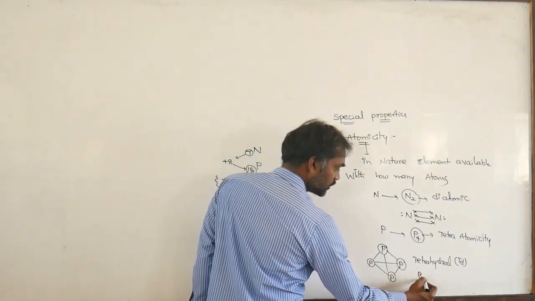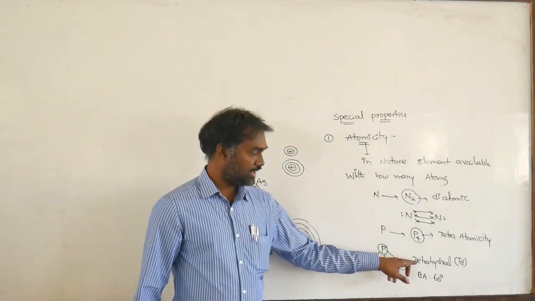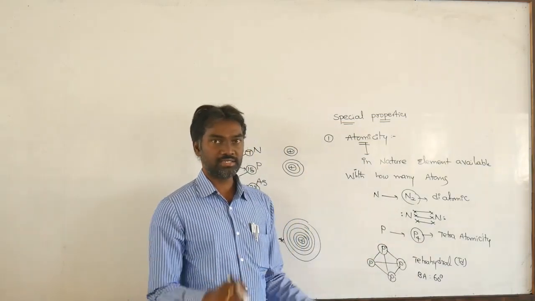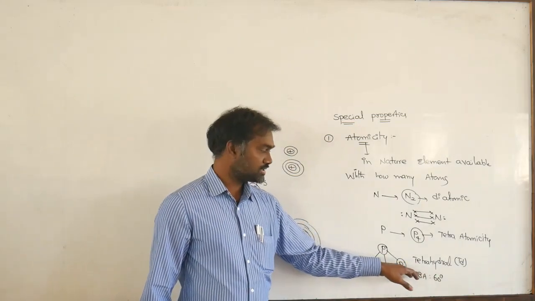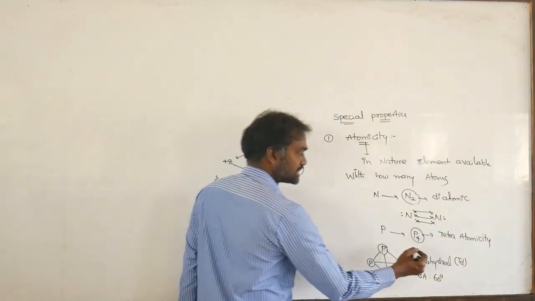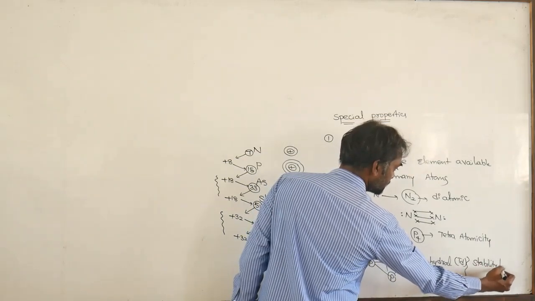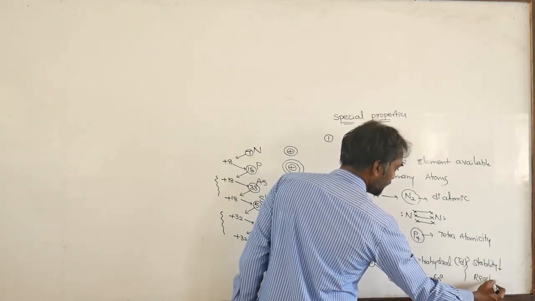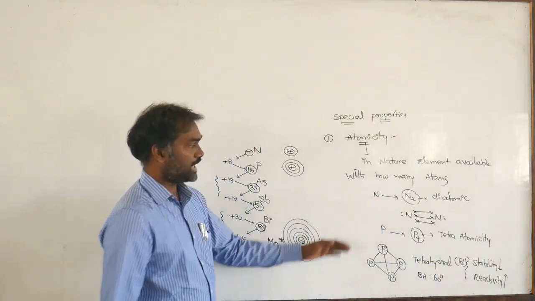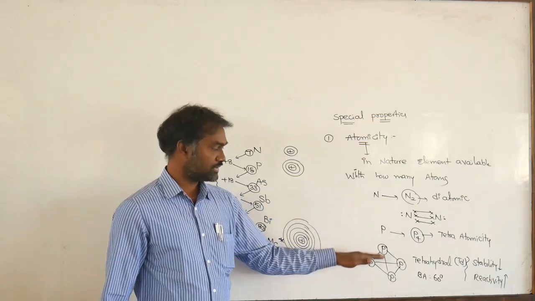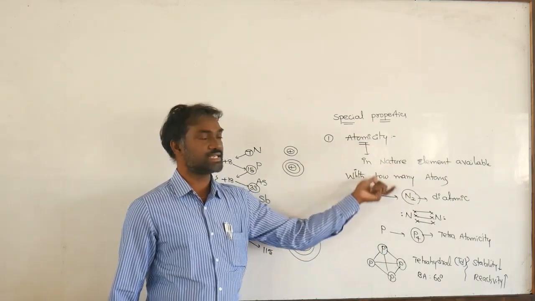But here the bond angle is 60 degrees. Because of bond angle strain, the stability is less and reactivity is high. So compared to nitrogen, which is highly stable, phosphorus is highly reactive, and you can explain this according to atomicity.